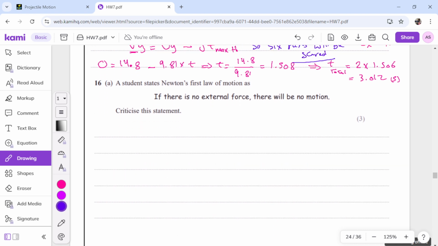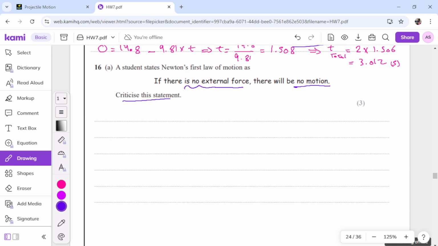Now a student states Newton's first law of motion as, if there is no external force, there will be no motion. Of course this is not correct. Try this statement: I will start with, if no external force, we can't use it.